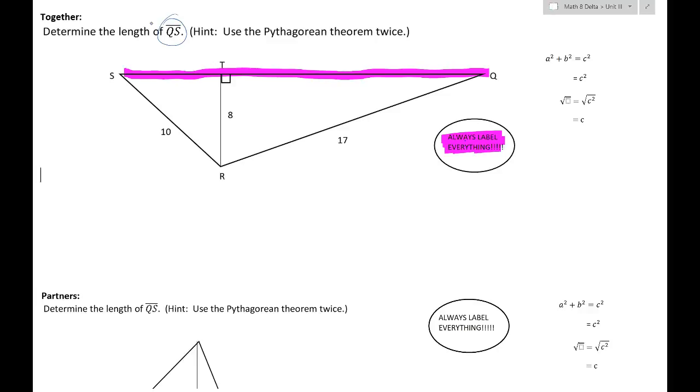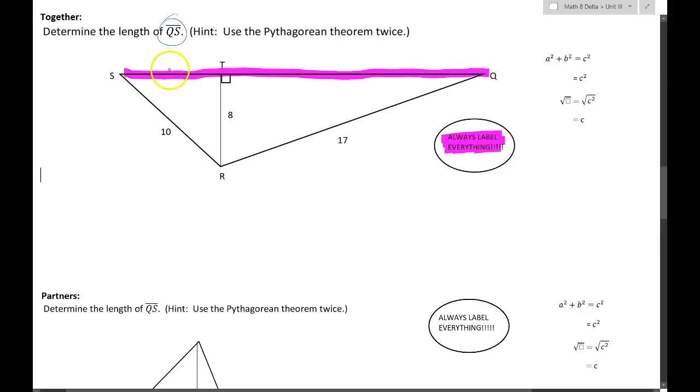So let's actually solve for some of these things. If I need to find QS, first I need to find this section of it, then I need to find this section of it, and then I need to add them together. So I think to myself, how can I do that? Well, I see two triangles here making up one big triangle, so let's divide them into individual triangles and deal with them that way.